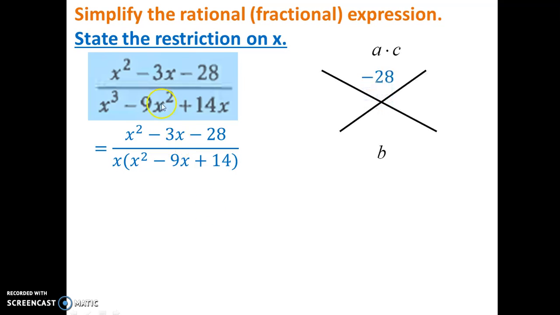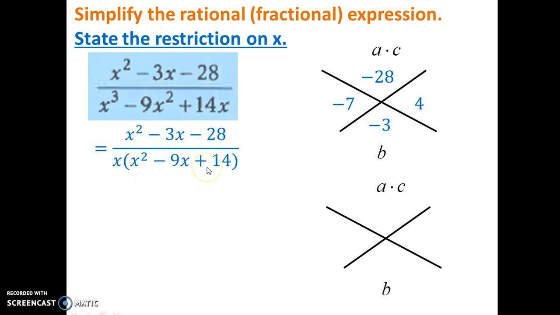So top one factored, we have a times c, a times negative 28 is negative 28, and the b value is negative 3 right here. Two numbers that multiply negative 28 but add up to negative 3 are negative 7 and 4. Those multiply to that, those add up to this. So here's what's going to help us factor the top.